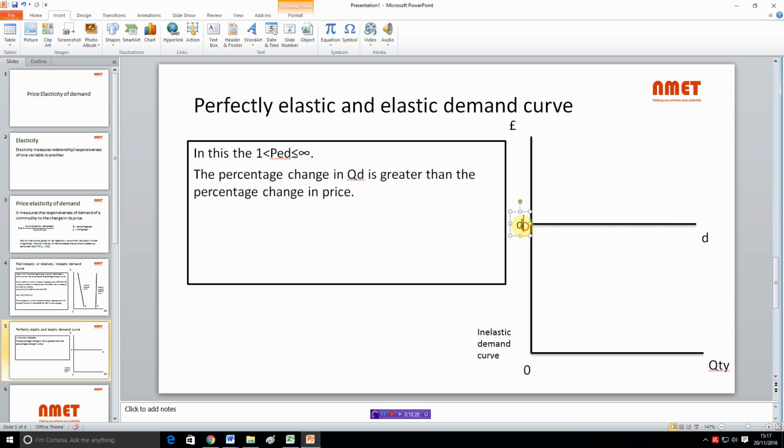is the price changing over here? No. But if I look at the quantity on that horizontal demand curve, what's happening to the quantity?